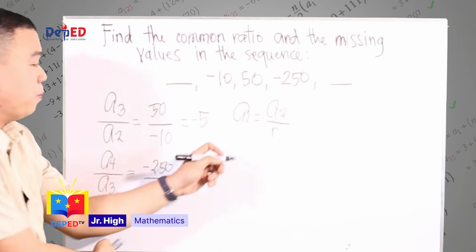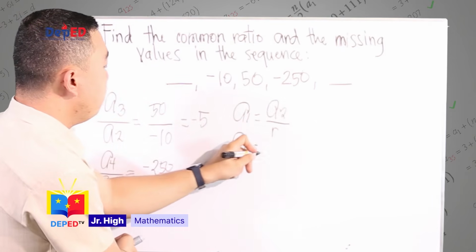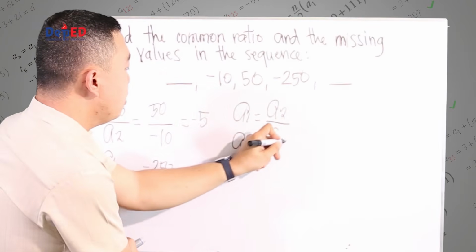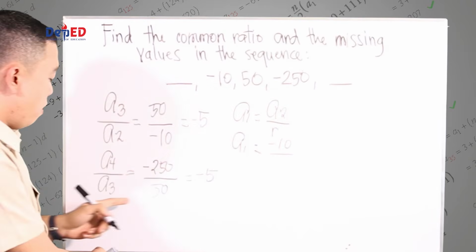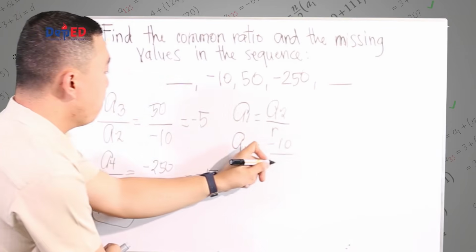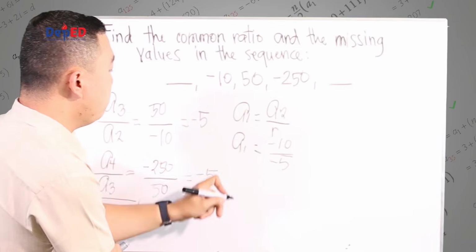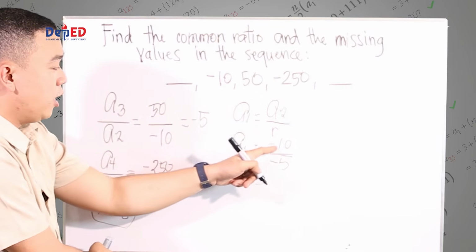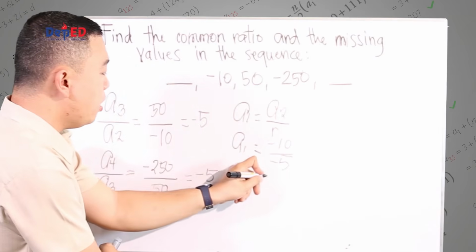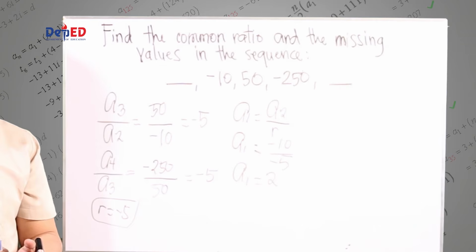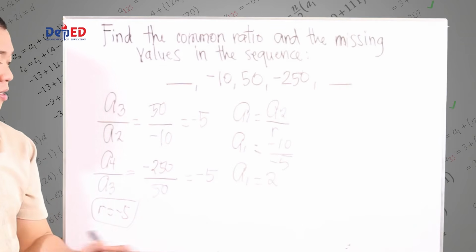A sub 2 is equal to negative 10 divided by the common ratio, which is negative 5. Our a sub 1 now is equal to negative 10 divided by negative 5, that is positive 2. Positive since we are dividing numbers with like signs.